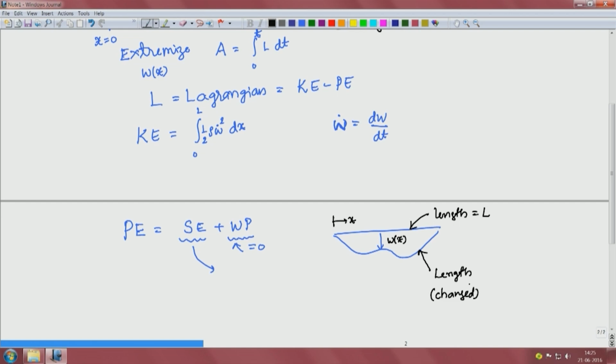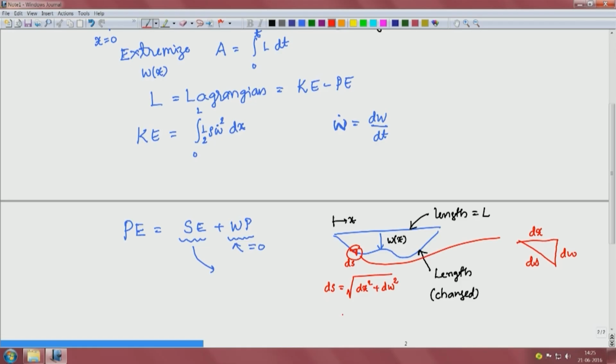To get this changed length, let us take a little element somewhere, as usual, that is ds. That ds, by the Pythagoras theorem, is the square root of dx square plus dw square. That is this portion: this is dx, this is dw. It is too small to see, so let us blow it up. If I take this as ds, this is dx, that is dw, that is ds.